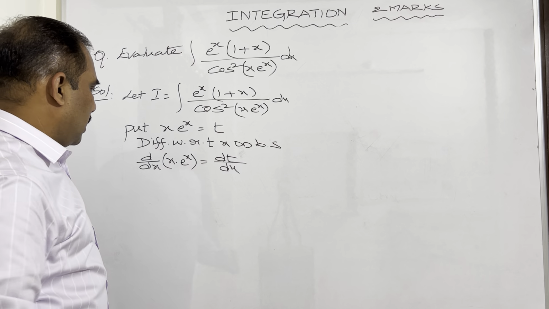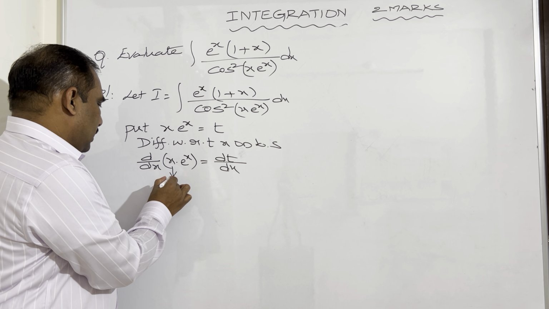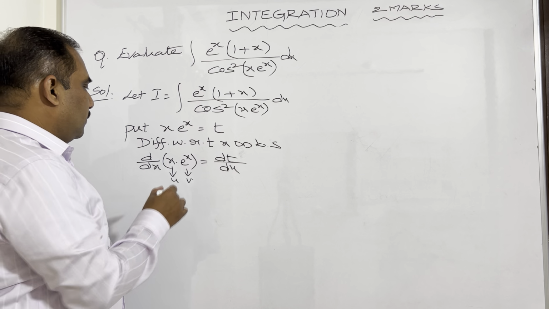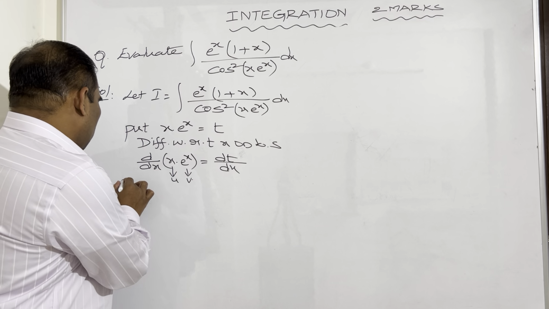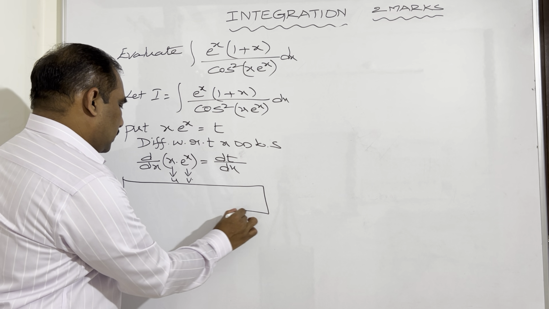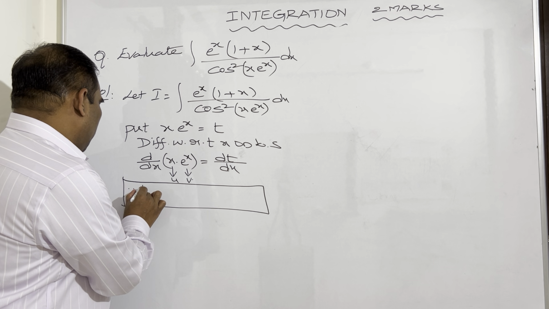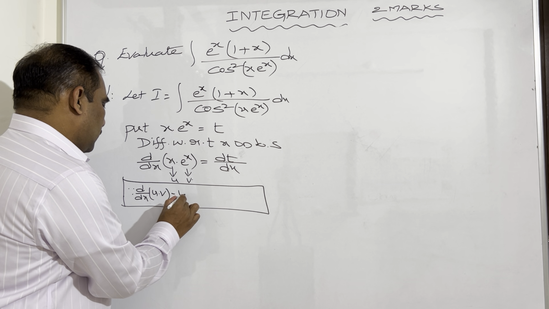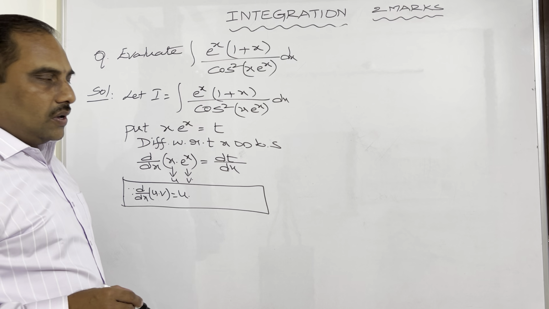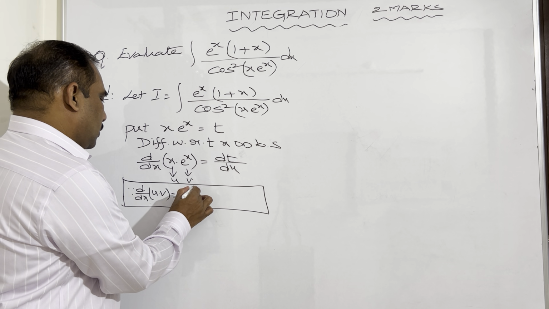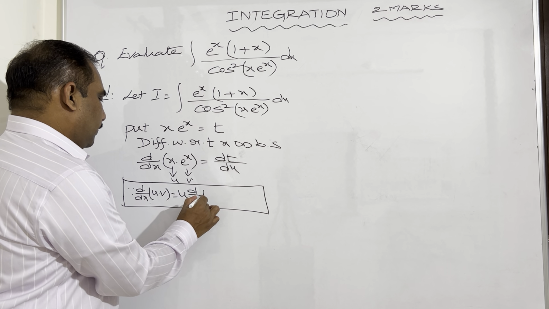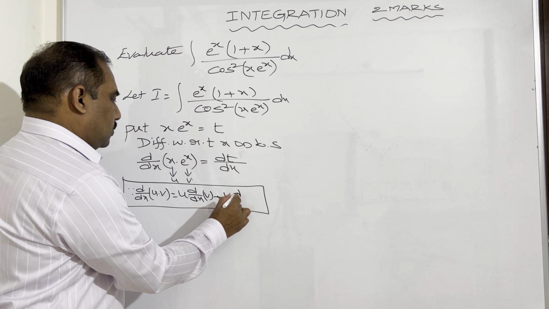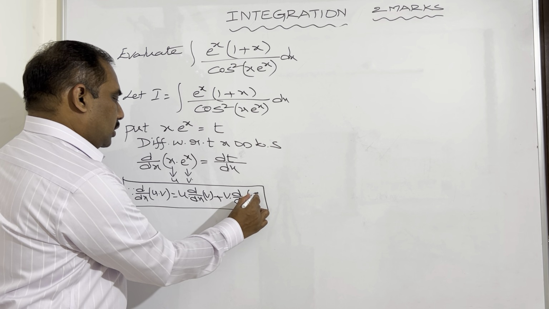So now if you observe here, x into e^x is like u is x and v is e^x. We have the product rule: suppose two functions are in a product, then d/dx of (u v) is equal to u into the derivative of v with respect to x plus v into the derivative of u with respect to x.